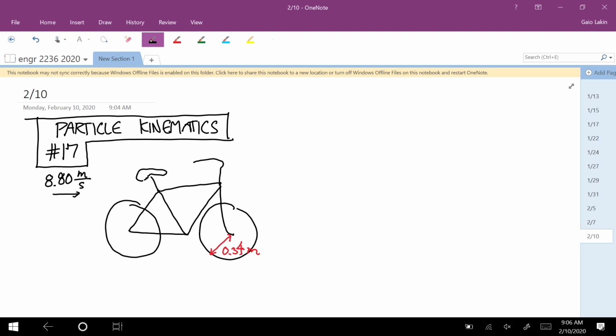So it would be slipping if it had a velocity that the ground didn't have, and it would also be slipping if it had an acceleration in this direction that the ground doesn't have. That point of the wheel does have a centripetal acceleration, but it doesn't have an acceleration parallel to the ground.